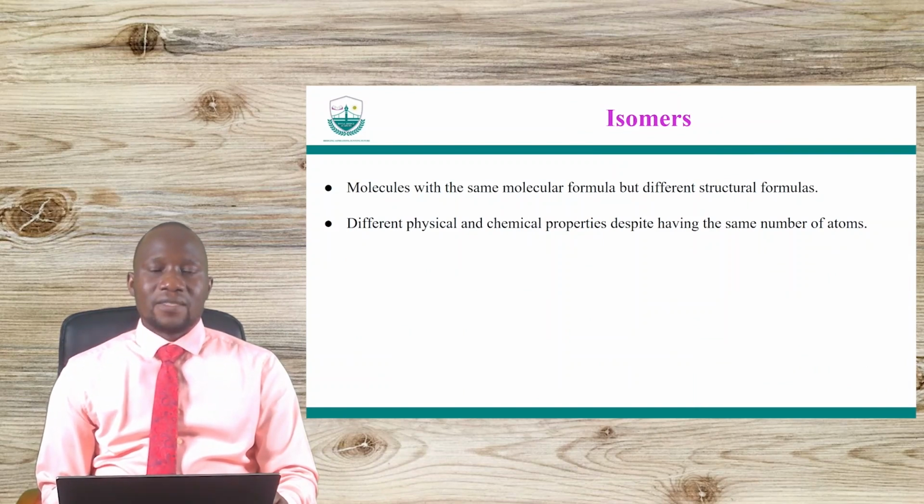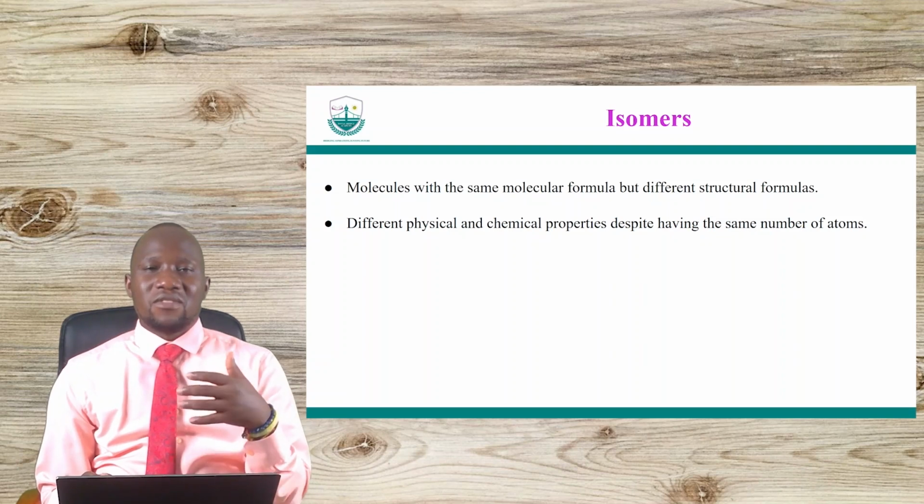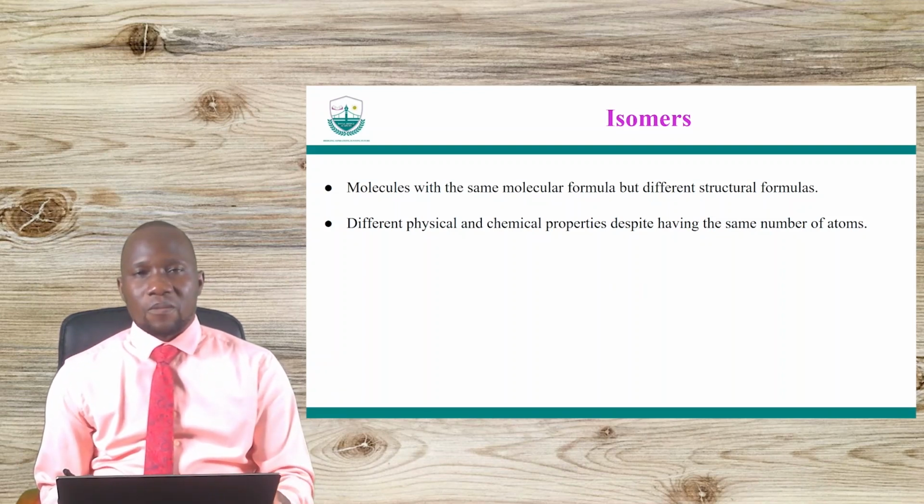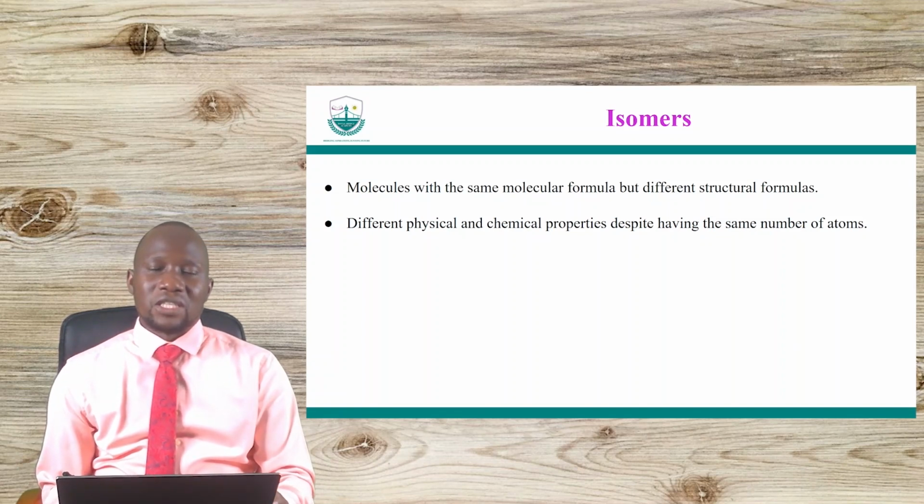So, isomers: remember earlier we said that you can have the same compound, with the same number of atoms, whether hydrogen or carbon, but the way these atoms are arranged is different, yet everything is the same.